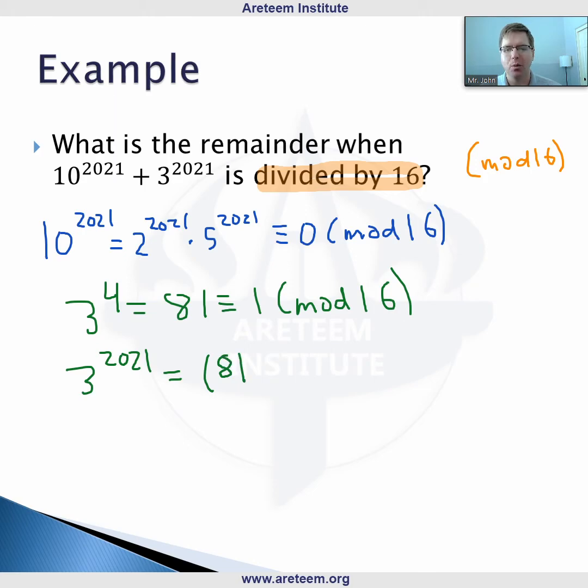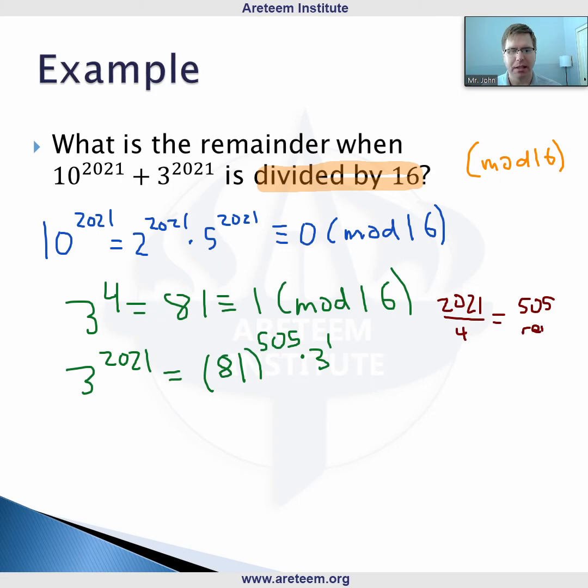We have 81 raised to the 505th power, times another 3. Where does this come from? We saw before, 2021, let me write this off to the side, when we divide it by 4, is equal to 505 with a remainder of 1.